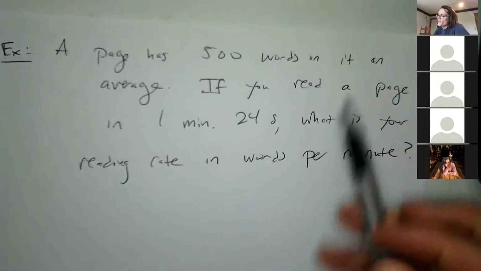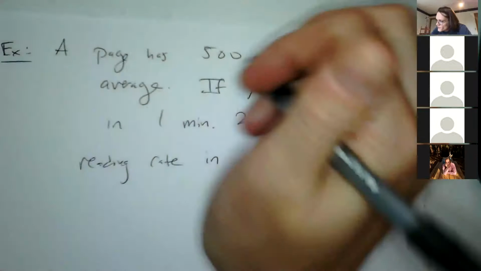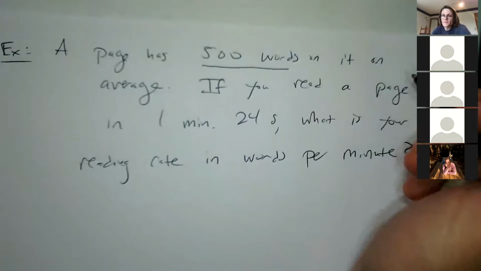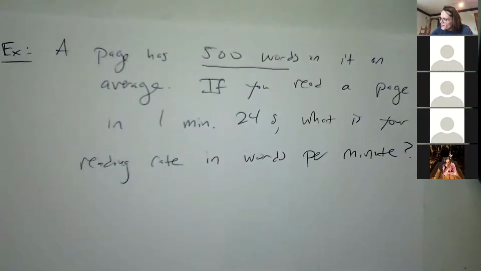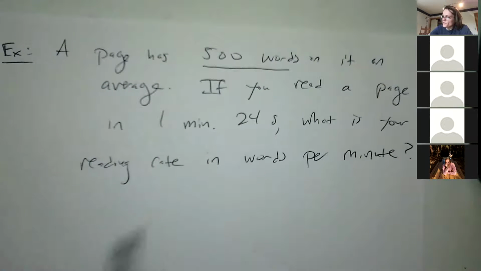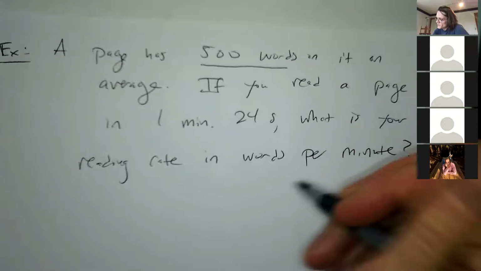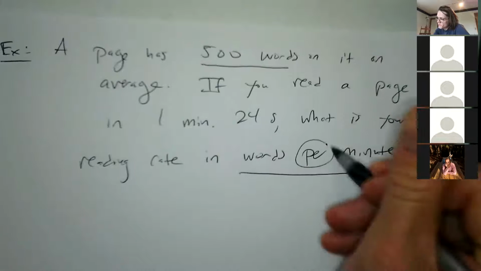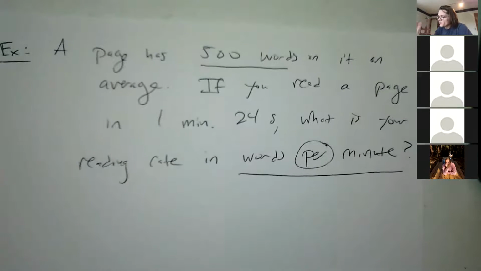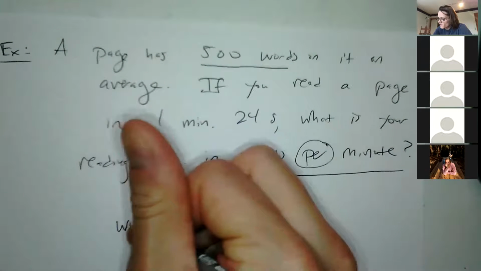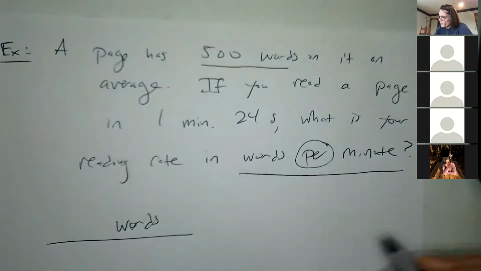So here we're assuming on average a page has 500 words on it. Again, these are all averages. If you can read a page in 1 minute and 24 seconds, what is your reading rate in words per minute? So you want to interpret the words per minute again. When you see per, you should be like, oh, it's a fraction. So I want to put words over a minute.